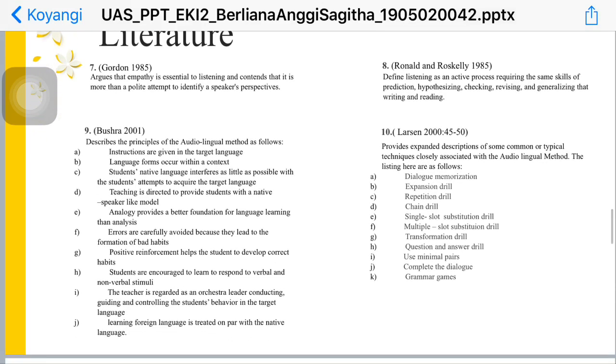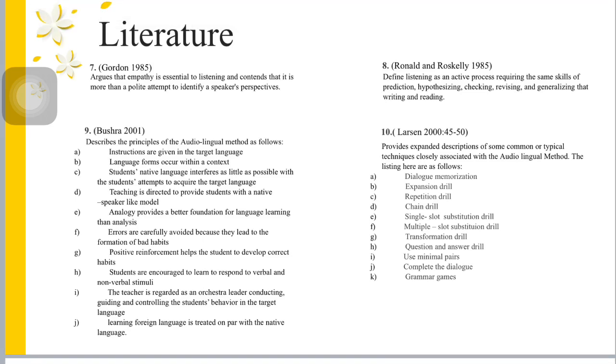And the seventh is from Gordon, 1984, who argues that empathy is essential to listening and contends that it is more than a polite attempt to identify a speaker's perspective. And the eighth is Ronald and Rosklee, 1984, who define listening as an active process requiring the same skills of prediction, hypothesizing, checking, revising, and generalizing as writing and reading.